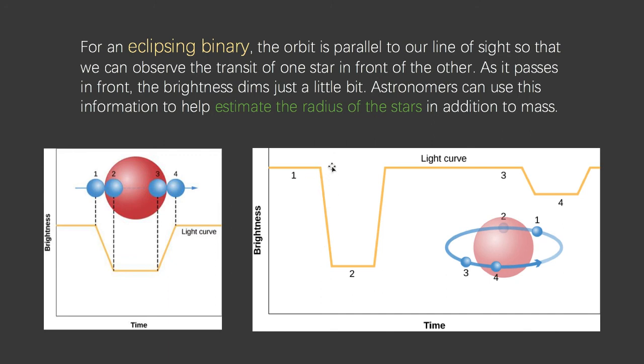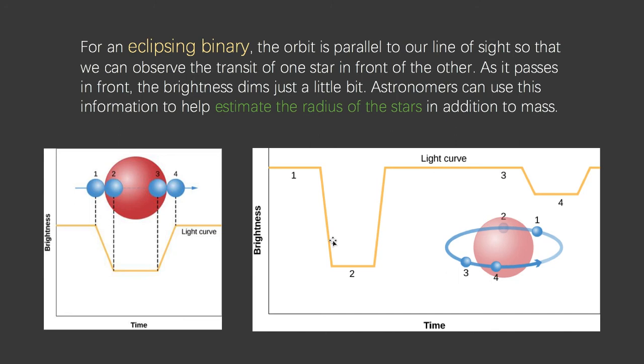If the star has a much bigger diameter, then it'll take more time to ramp up. And then it moves across for a period of time, and then it ramps up again. And so using the lengths of time here and the overall period, we can extract information about the relative diameter or radius of the two stars as well.